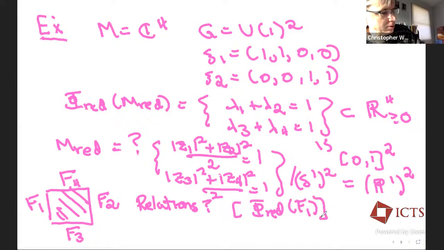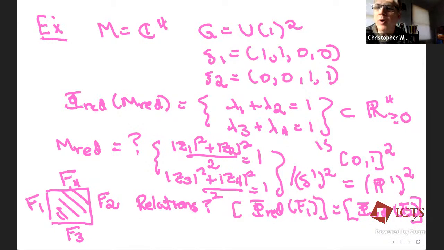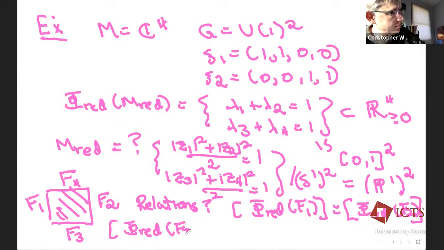So F1 and F2, if I think about this in the product description, both of these are just a point times P1, but I'm changing the point. So they define the same relation in cohomology, and the same thing for F3 and F4.